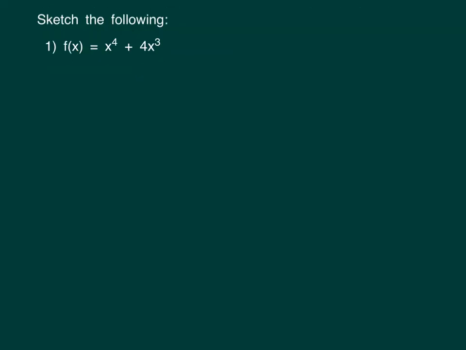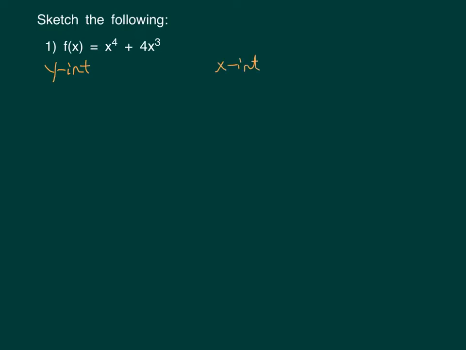Okay, so let's go ahead and try this out with two different functions. The first one we're going to try is f of x equals x to the fourth plus 4x to the third. Like I said, we're just going to go through our checklist to determine all of the different things that we need. The first thing on our checklist was the intercepts. We had the y-intercept and the x-intercept.